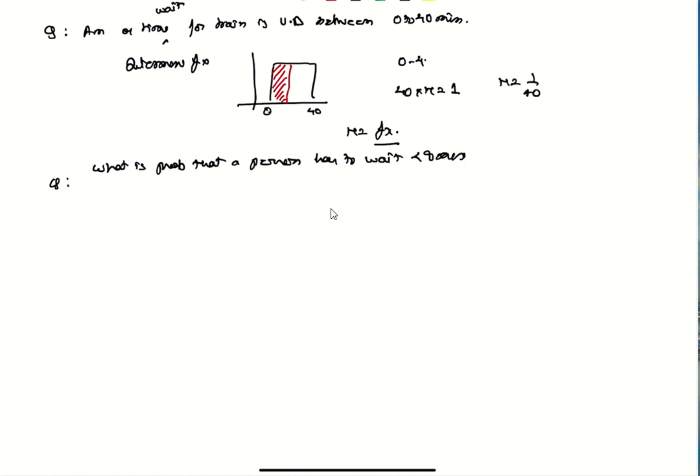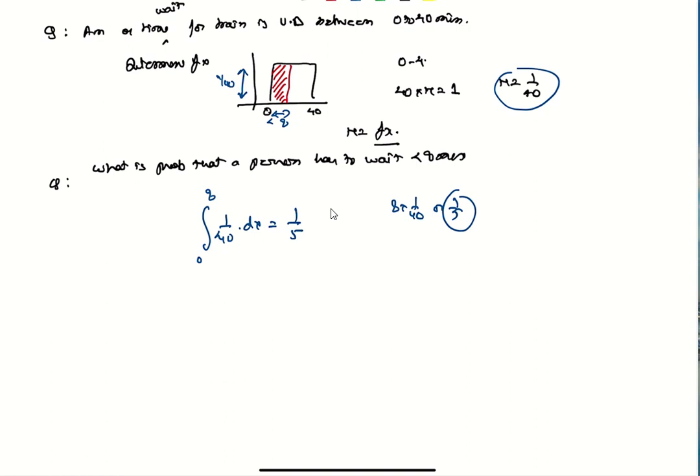We already know the fx, so all we have to do is integrate 0 to 8 of 1 by 40 dx. That will give you 1 by 5. You can also not use calculus and just calculate, because now you know the height is 1 by 40 and this width is 8, so you can also calculate 8 times 1 by 40 or 1 by 5, because all you need is the area of this small rectangle.